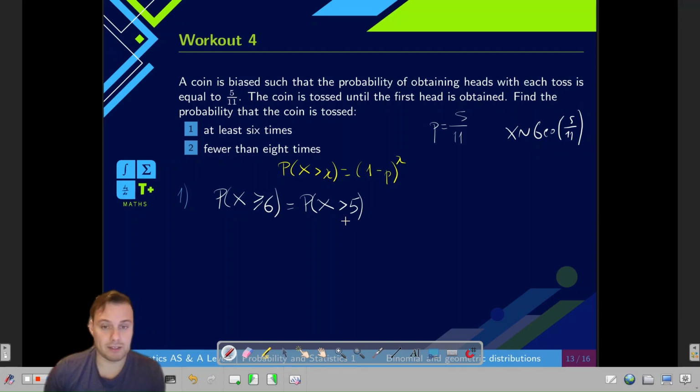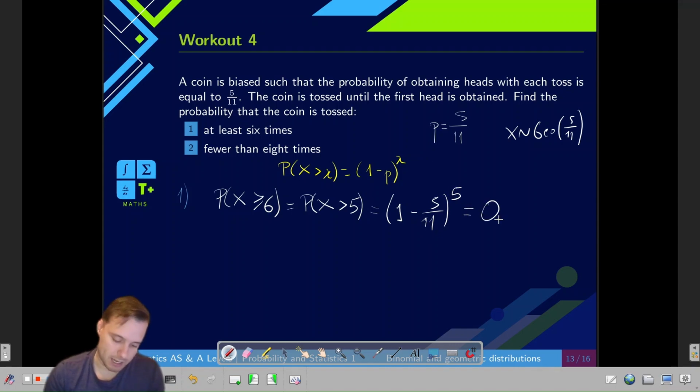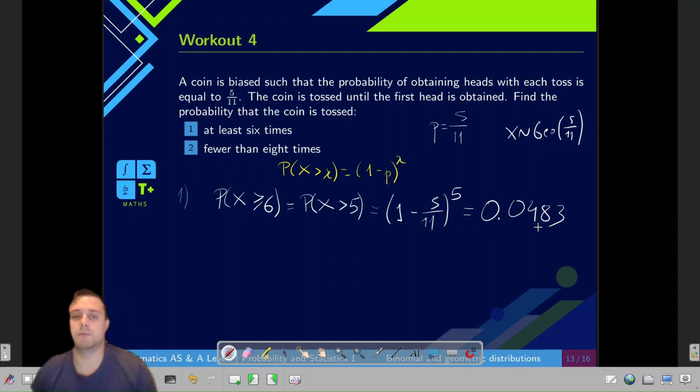If a value is greater or equal than 6, then it has to be greater than 5. This is because these are discrete variables, so they cannot take intermediate values. So these two are the same, and now we can use our formula, because this is now going to be (1 minus 5 out of 11) raised to the power of 5. We plug that in and we get 0.0483. That's the probability given to three significant figures.